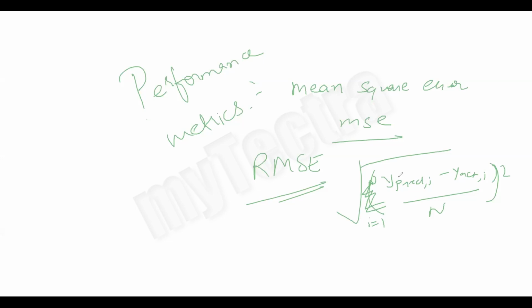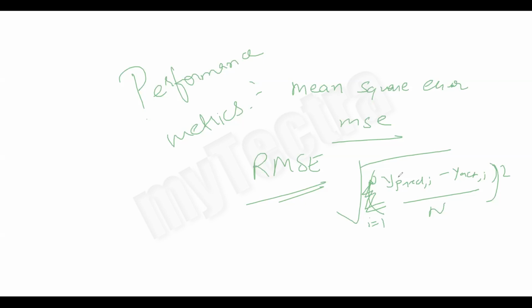So any model you make, suppose I'm making this track, right? What will you do first? You will check the mean square error. A more complicated form of this is y_pred_i minus y_act_i upon n, whole square, and here it will be sigma i equal to 1 to n.